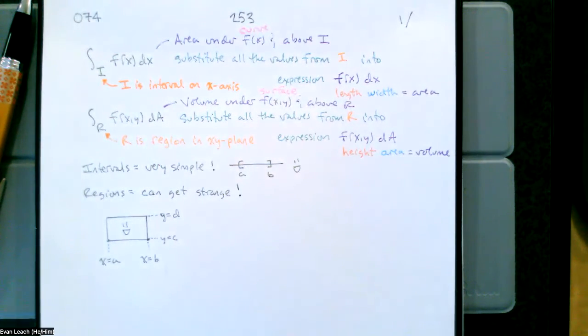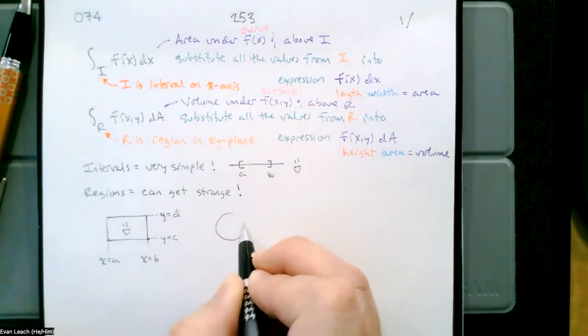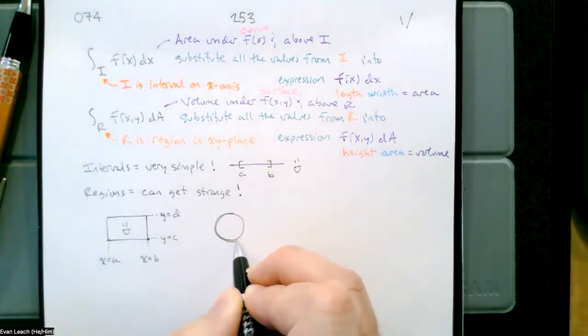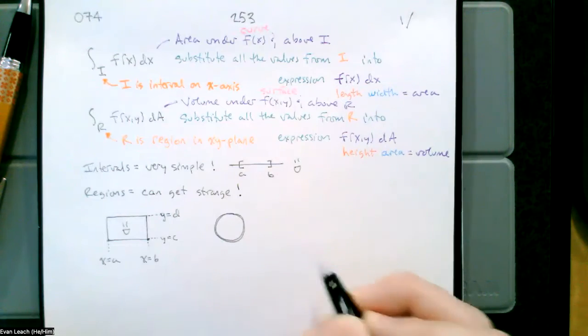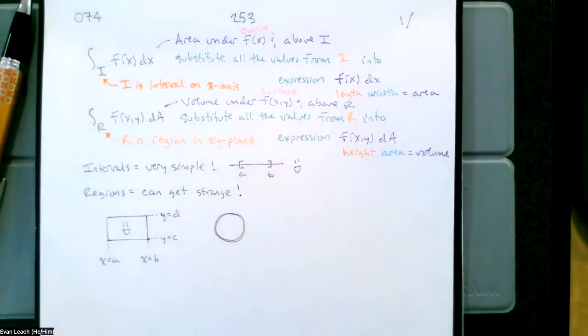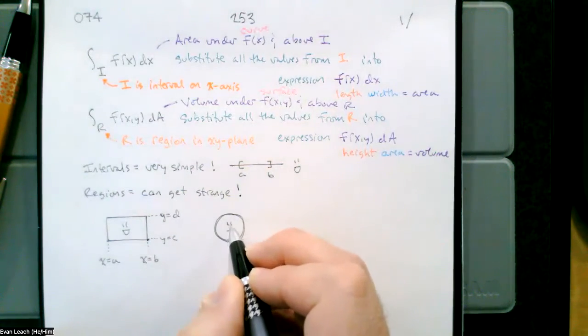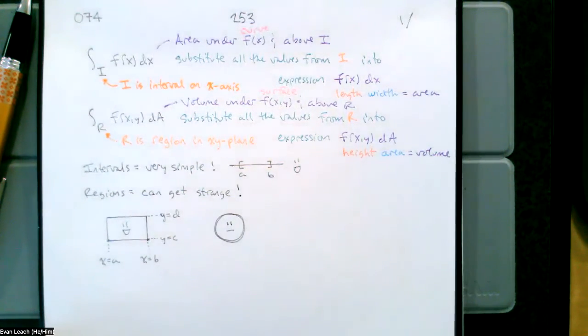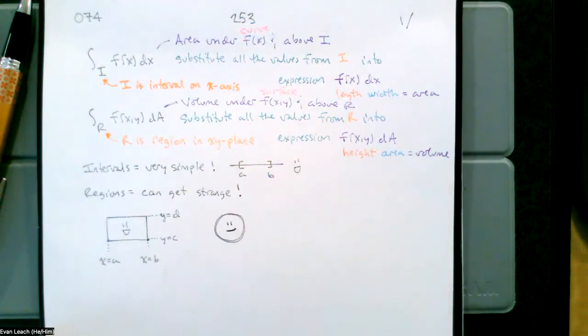But I've got two dimensions of shape to work with. Maybe you want to plug in everything from a circle. Plug all that into a function. That wouldn't be so bad.